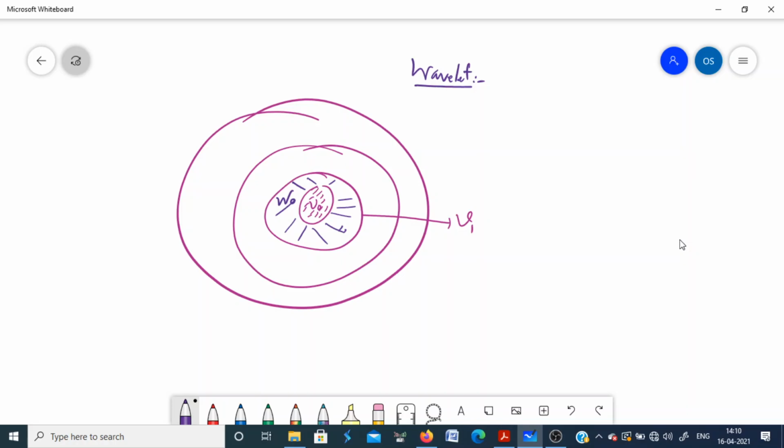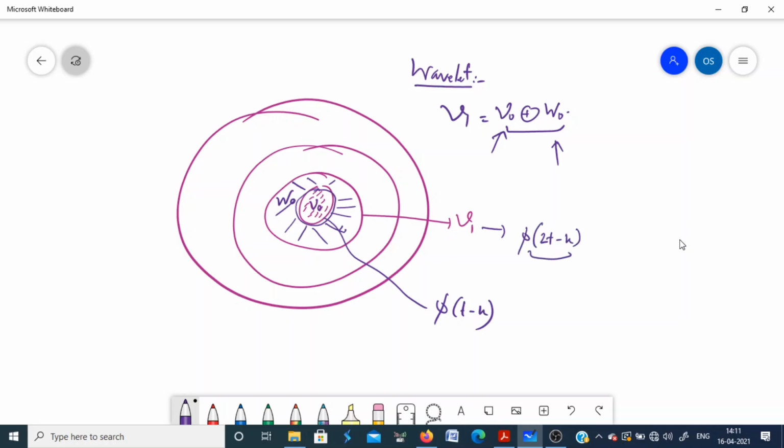So, wavelet function at scale 0. V1 will now be the union of these two spaces, and these two spaces are disjoint, because V0 is the space generated from the functions phi of t minus k only, and V1 is the space generated by functions phi of 2t minus k, and this space also contains all the signals of V0. Now from this space V1, the space which is left uncovered by V0 is covered by a wavelet function W0.